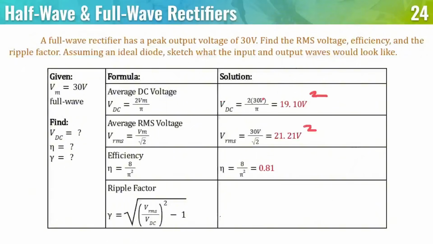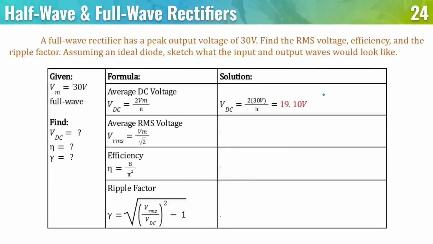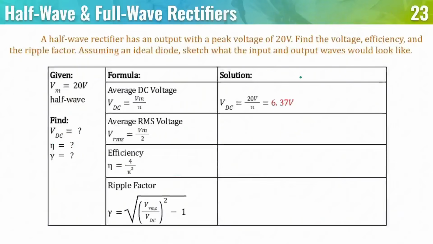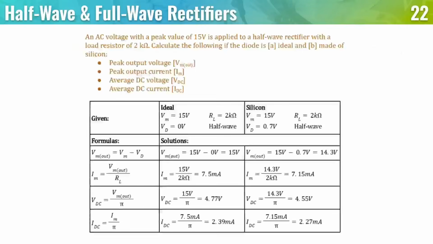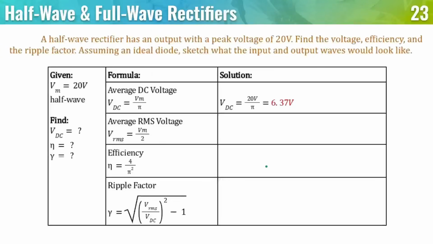So in addition to this, we know that the average DC voltage is around somewhere here. It's 19.10. And also for this one, for the half wave rectifier, you can see that it is 6.37.